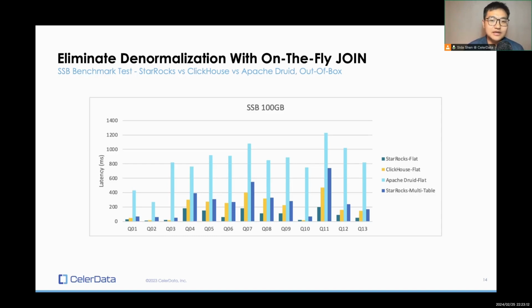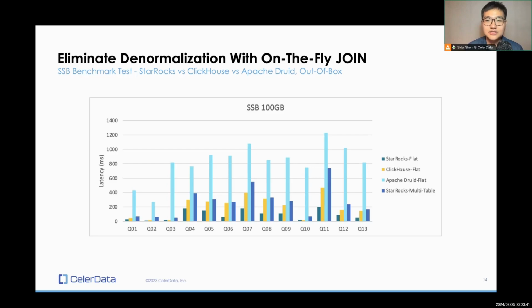So we can see that with flat, StarRocks is a lot faster than Druid and faster than ClickHouse. But the key here is that StarRocks multi-table is even faster than Apache Druid's flat table performance, and it's almost as fast as ClickHouse single table performance. And join is probably the most expensive thing you can write in a SQL script.